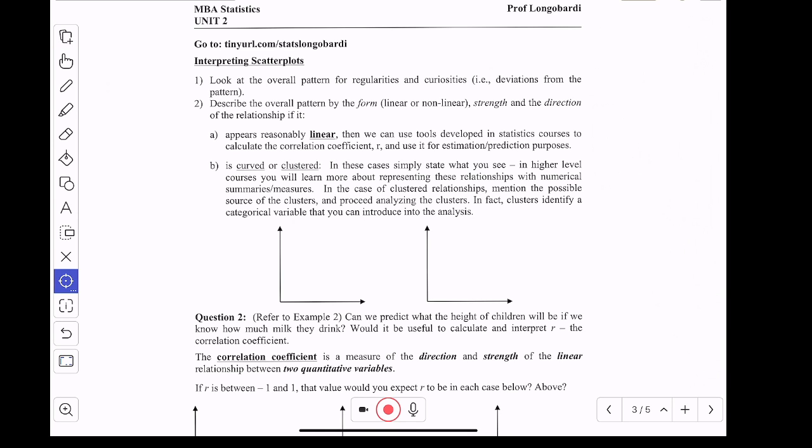And then we look at the overall pattern to identify regularities and curiosities. Identify where there's a regular pattern and where there's deviations from the pattern. Secondly, describe that overall pattern, its form, whether it's linear or non-linear, whether it's a strong relationship, and the direction of the relationship.